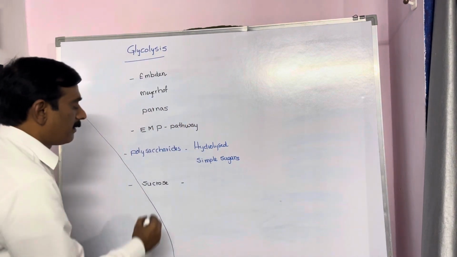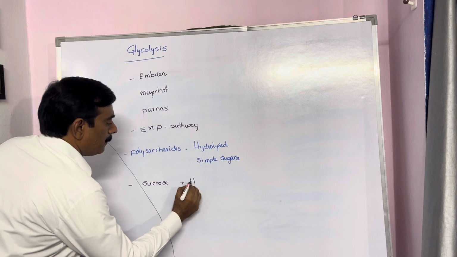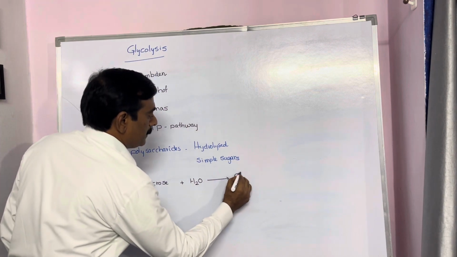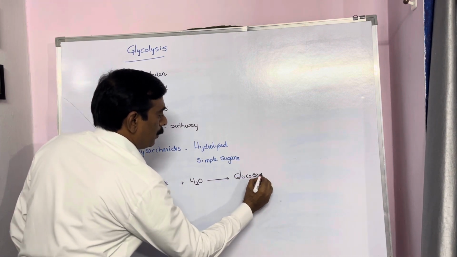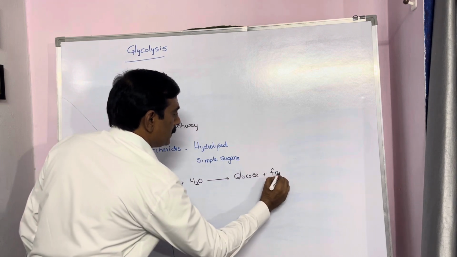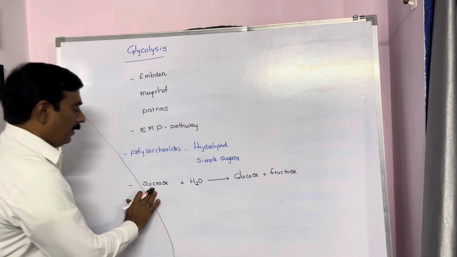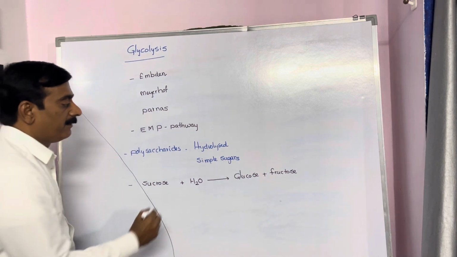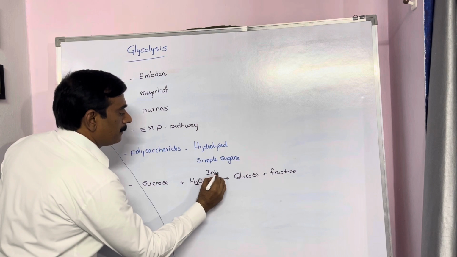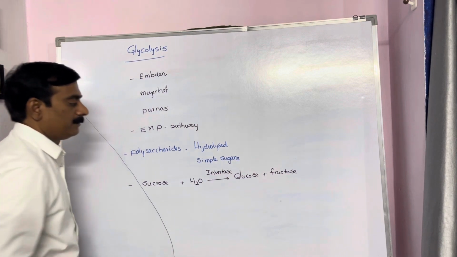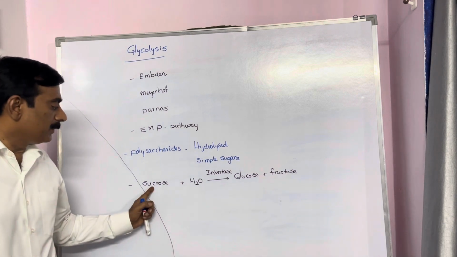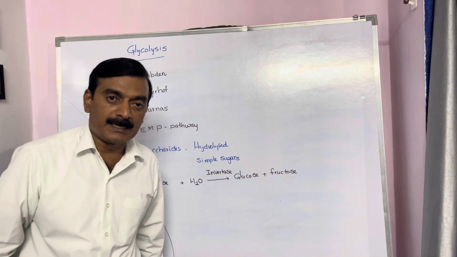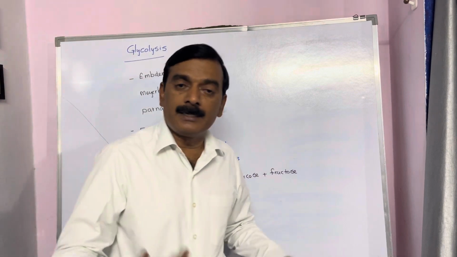In the presence of the invertase enzyme, sucrose is hydrolyzed into glucose and fructose, which are monosaccharides. These glucose and fructose are involved in the glycolysis process.